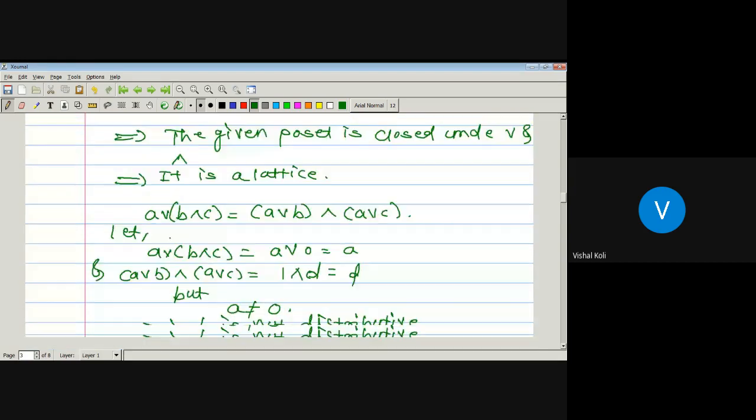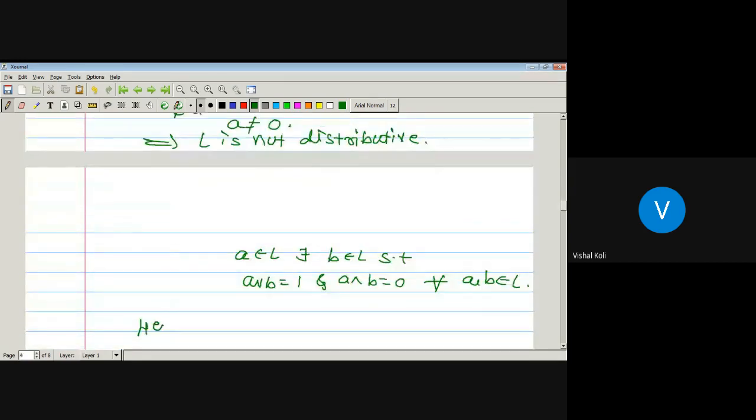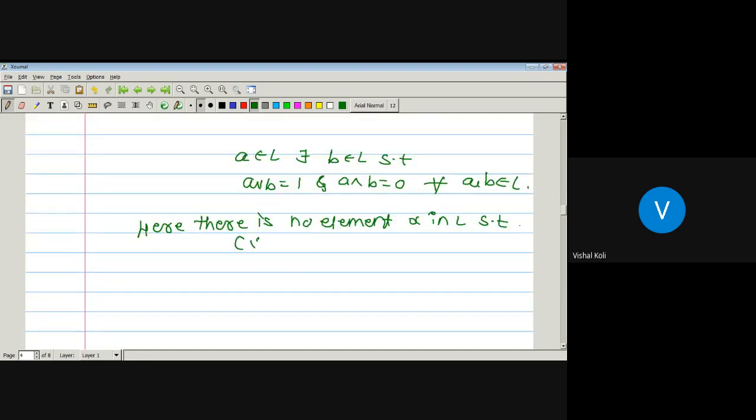Okay. So here there is no element x in L such that C join x is 1.